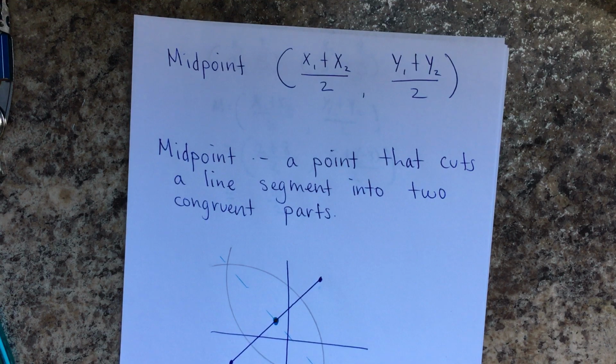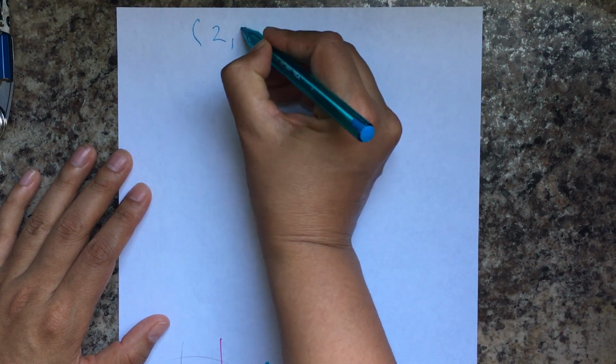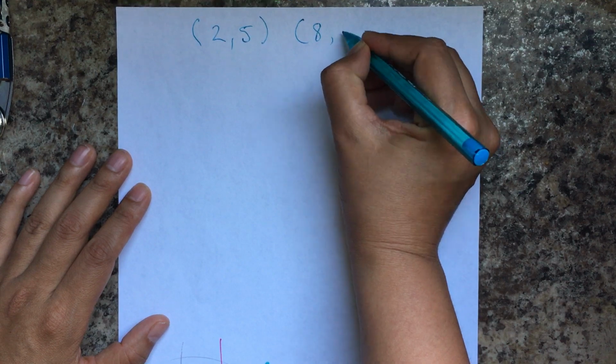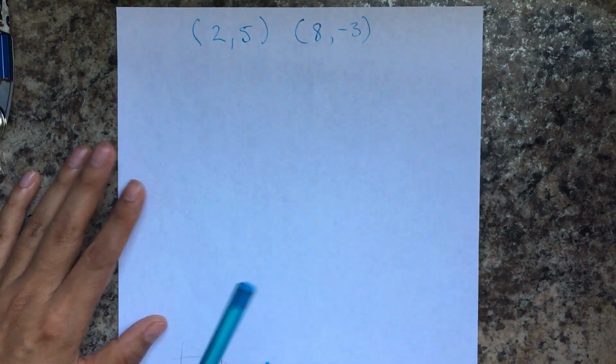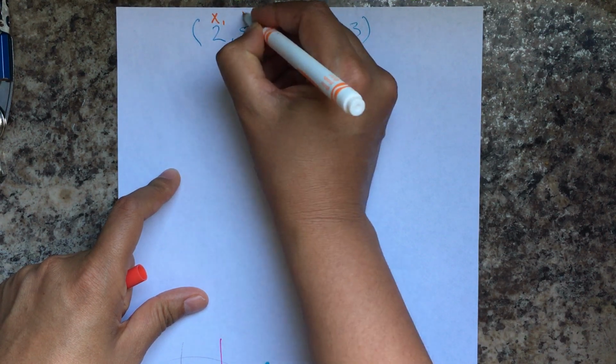Okay, so what if we have this set of points? Well, we can say that this is x1, y1.